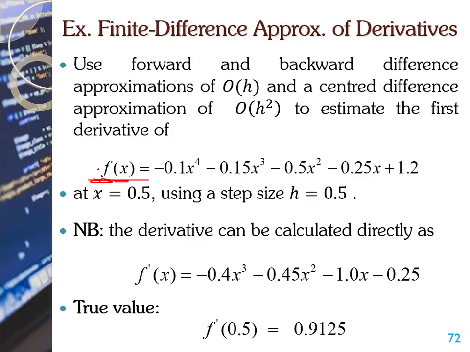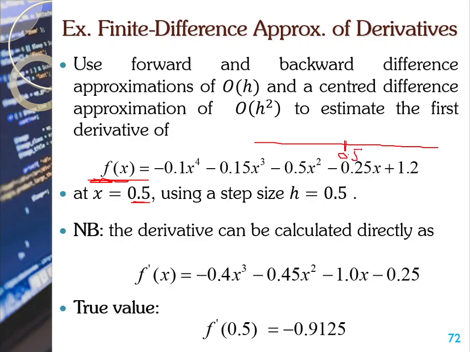For us to be able to do this, we first need to know our present value, which has been given as x equal to 0.5. It is more or less like a number line, and we have our current value to be 0.5.